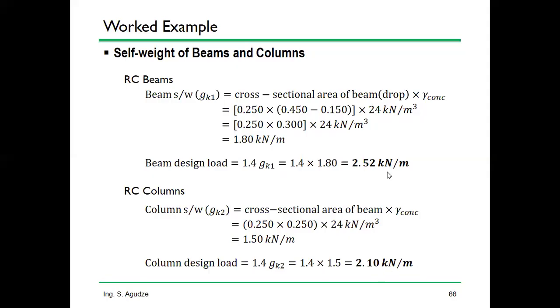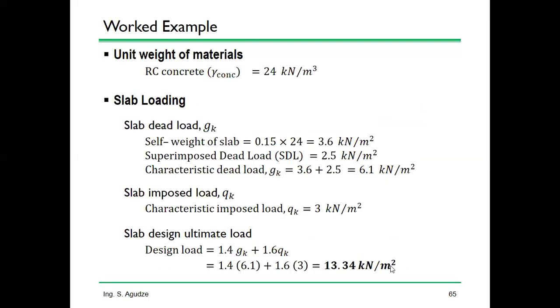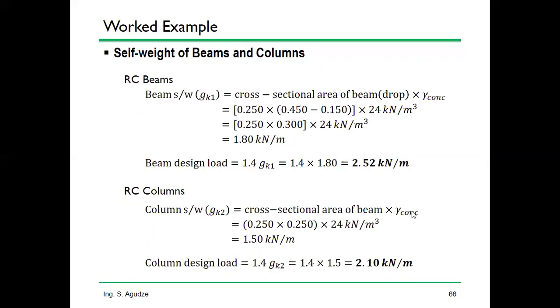Remember, the beam and the column, the unit is kilonewton per meter, whilst that of the slab is per meter square. So it should tell you that you must multiply this with some area, right? But if you come to the beam and column, you must multiply with some meter, as simple as that. Okay? Good.